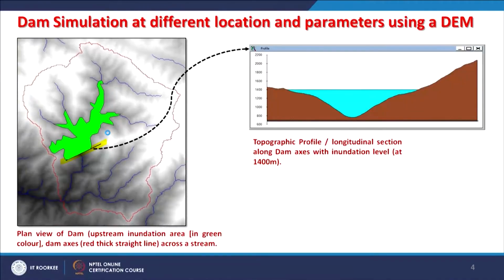So here the user is providing all these details, the location of the dam, the height of the dam, and then the modeling is being done. And the ultimate aim of the model is to predict something which has not happened on the ground, but before that we want to do it.